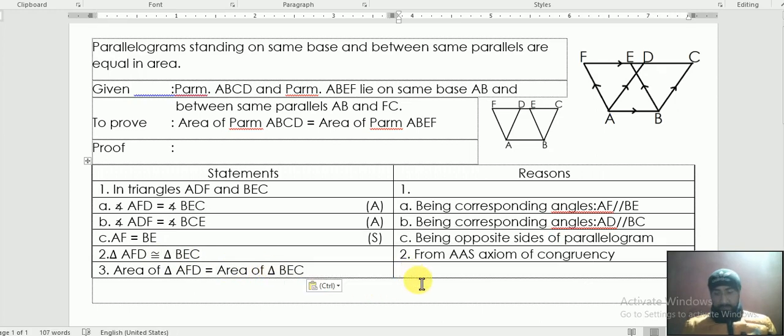And for this, the reason is, being areas of congruent triangles.